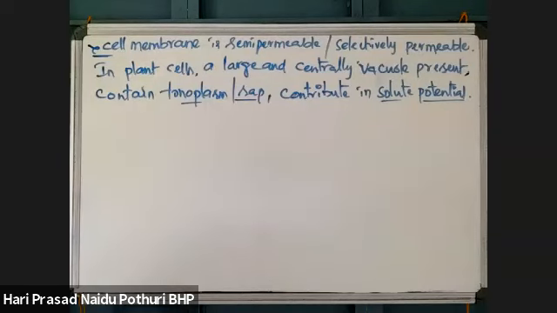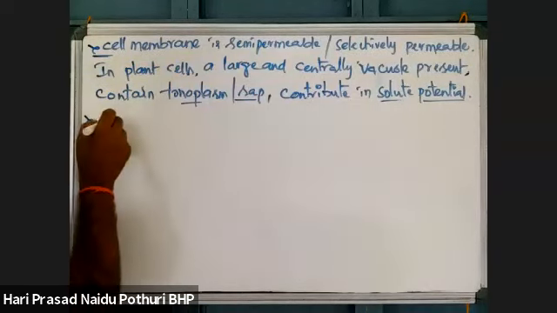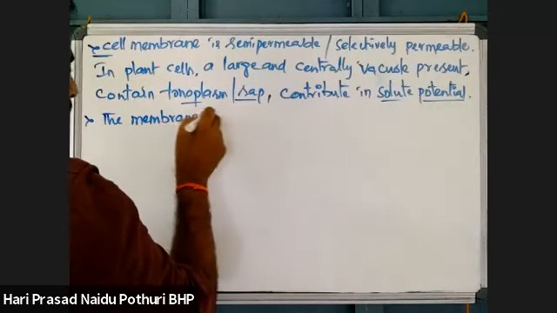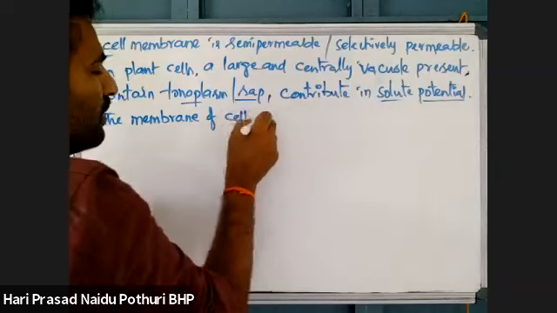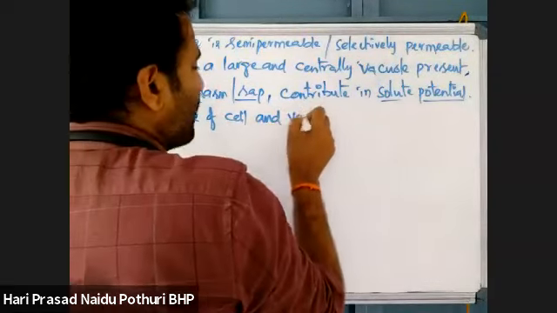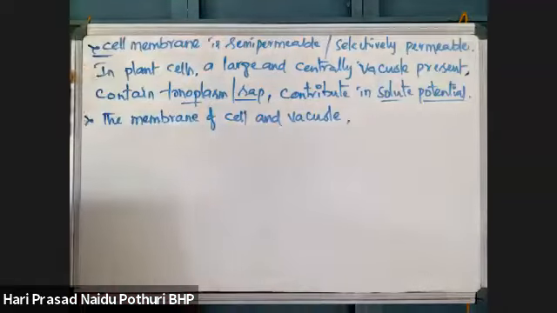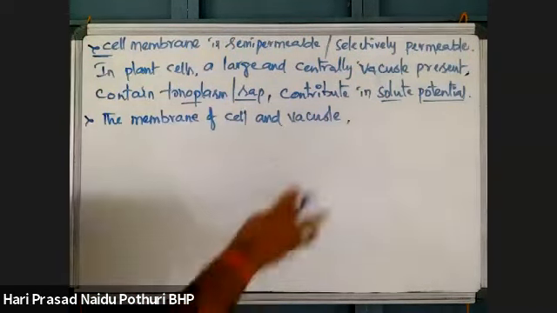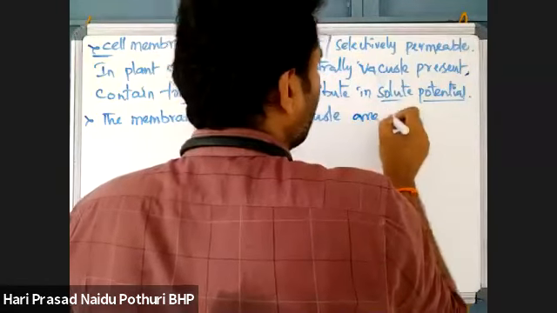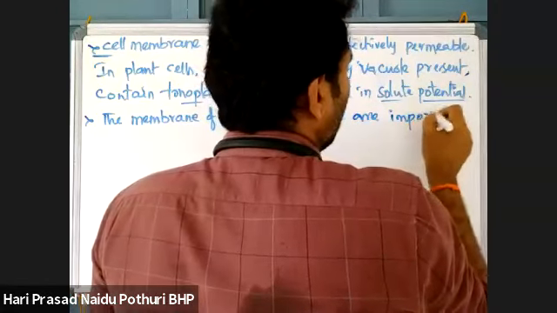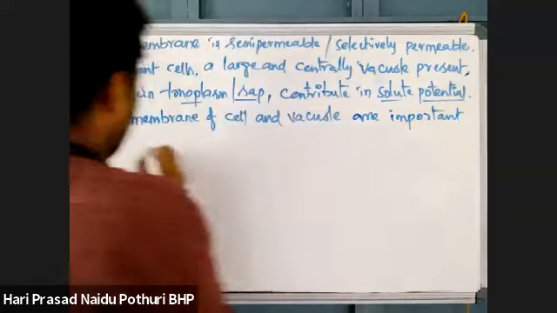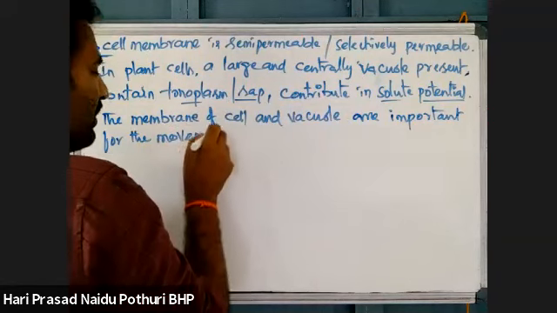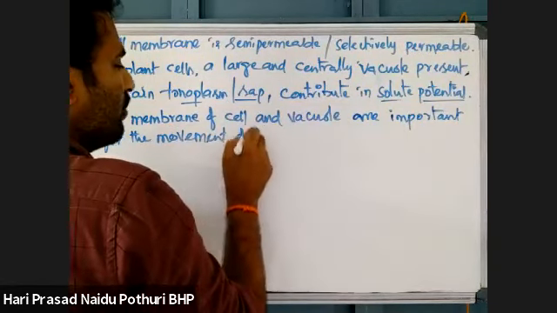So in plant cells, the membrane of the cell and the membrane of the vacuole, the tonoplast, are important for the movement of water from inside the cell to outside, or outside to inside.